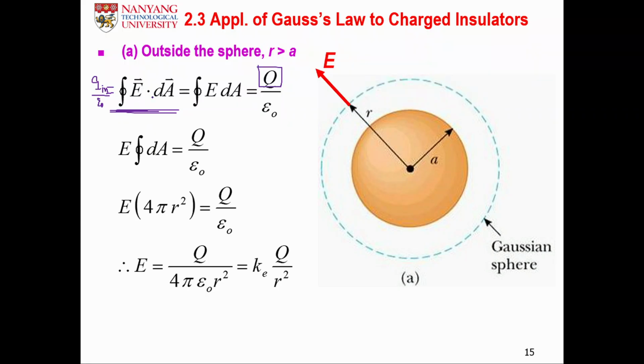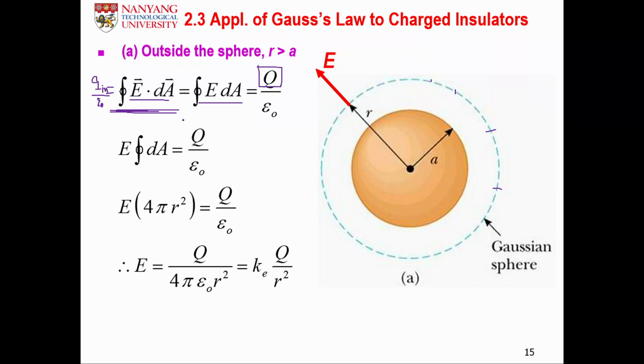This integration of the dot product will equal this integration of E dA, again, because at any point, vector E and vector dA are parallel. On this point, this point, this point, any point.